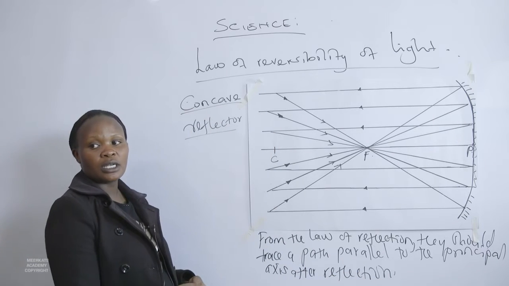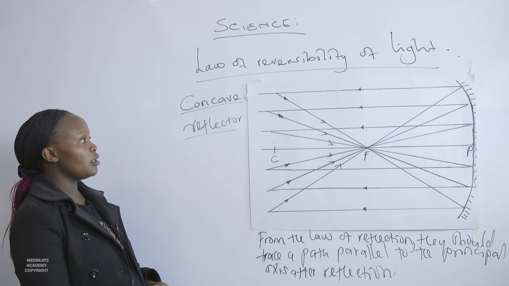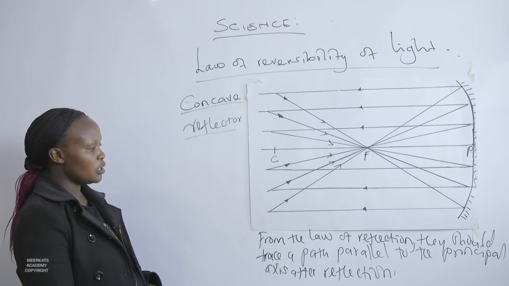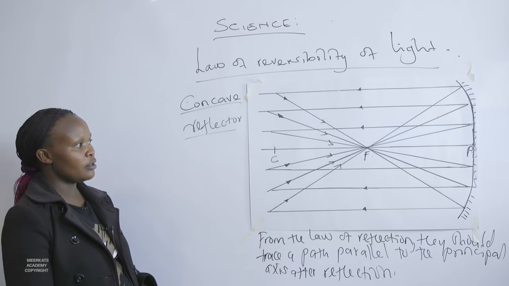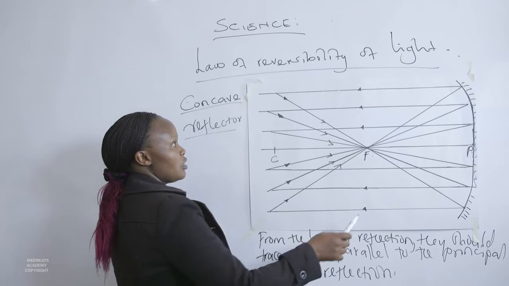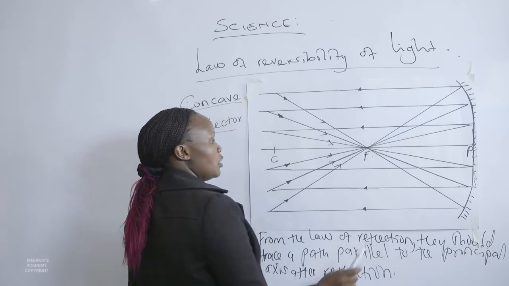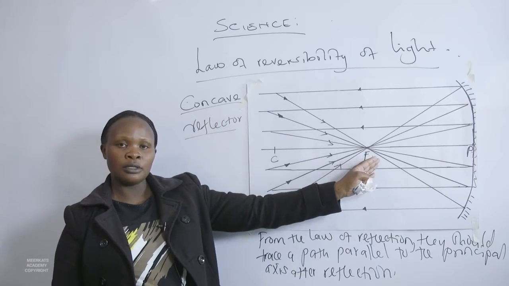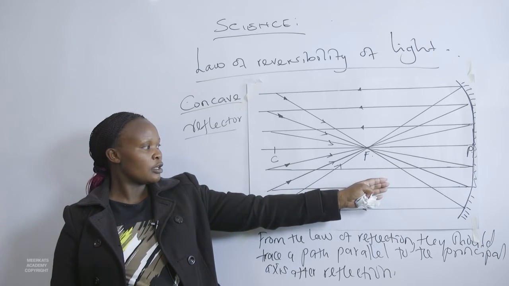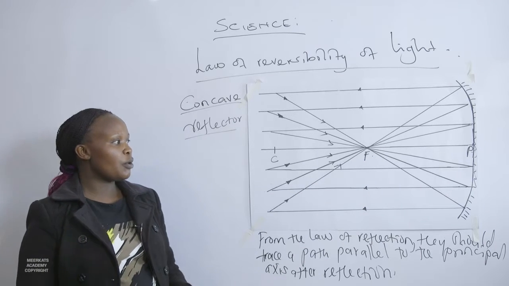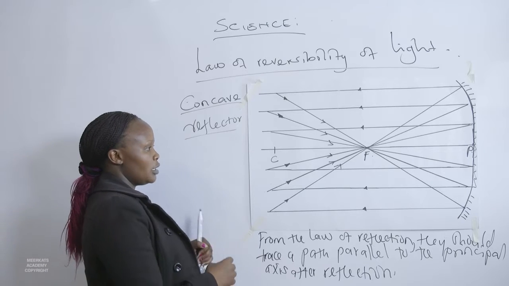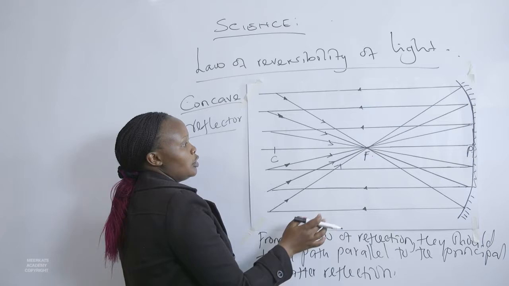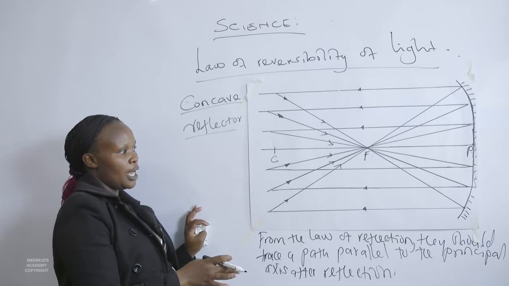Now we have looked at the law of reversibility of light. Now we have looked at the law of reflection by curved surfaces, and we have said for a concave reflector, rays that come from some distance through F are reflected in such a way that they are parallel to the principal axis.